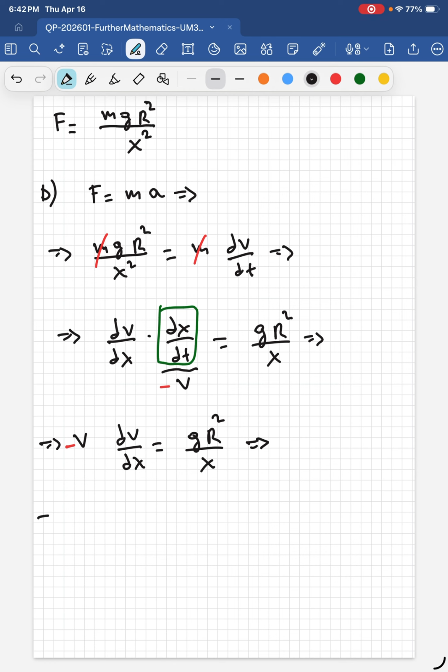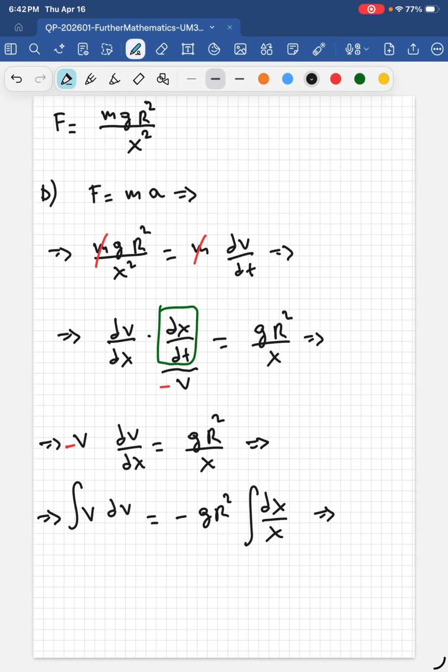So v times dv is equal to minus g r squared. These are constants, so we can pull them outside of the integral, and then we have the integral of dx over x squared, okay? And we can integrate v as well, okay? So v dv integrates as v squared over 2.